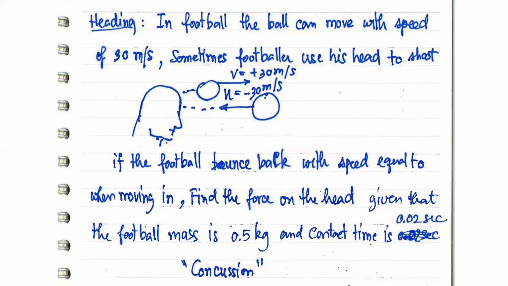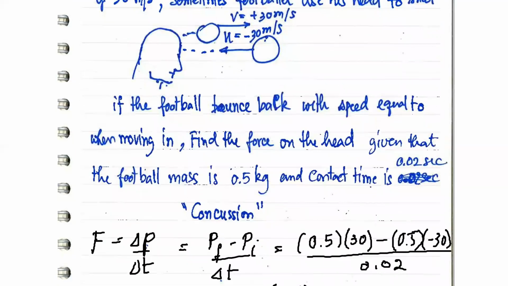Okay, it's a head-on collision, the ball coming in at 30 meters per second and bouncing back at also 30 meters per second. Find the force on the head, given that the football mass is roughly 0.5 kilograms and the contact time is 0.02 seconds. What would happen to the head?